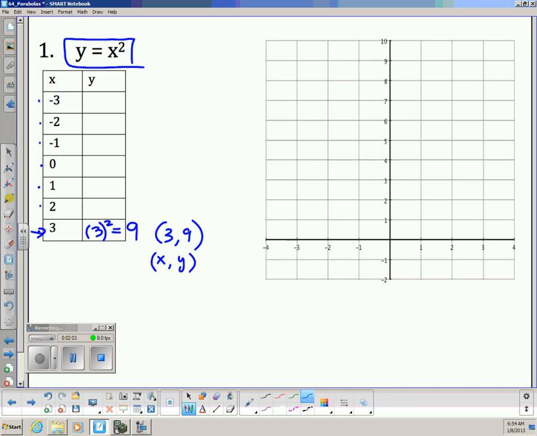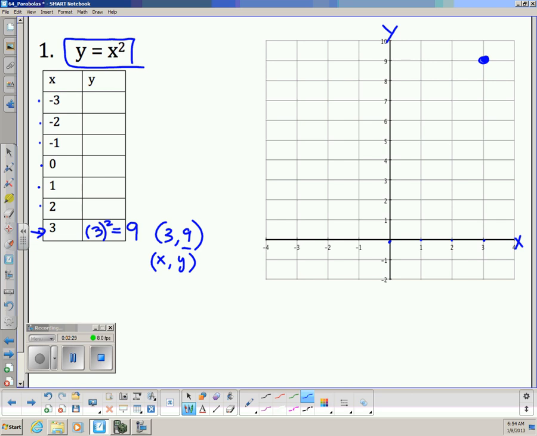So I start at the origin, and I go 3 units in the x direction, which is the horizontal direction. So I go positive 1, positive 2, positive 3. And the other axis is called the y-axis. So I go up positive 9 units. So 1, 2, 3, 4, 5, 6, 7, 8, 9. And I plot a point right here. That's the point 3, 9.